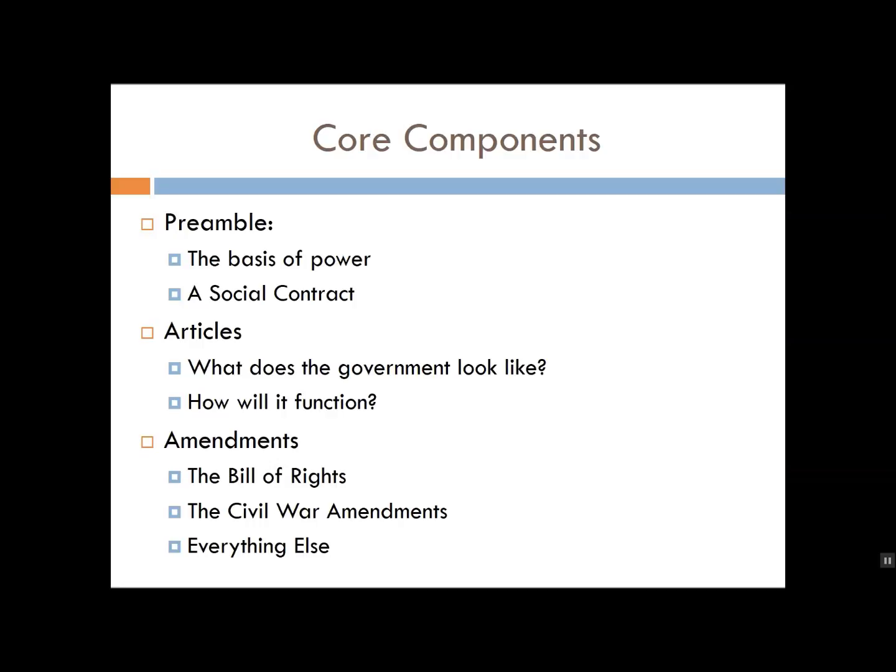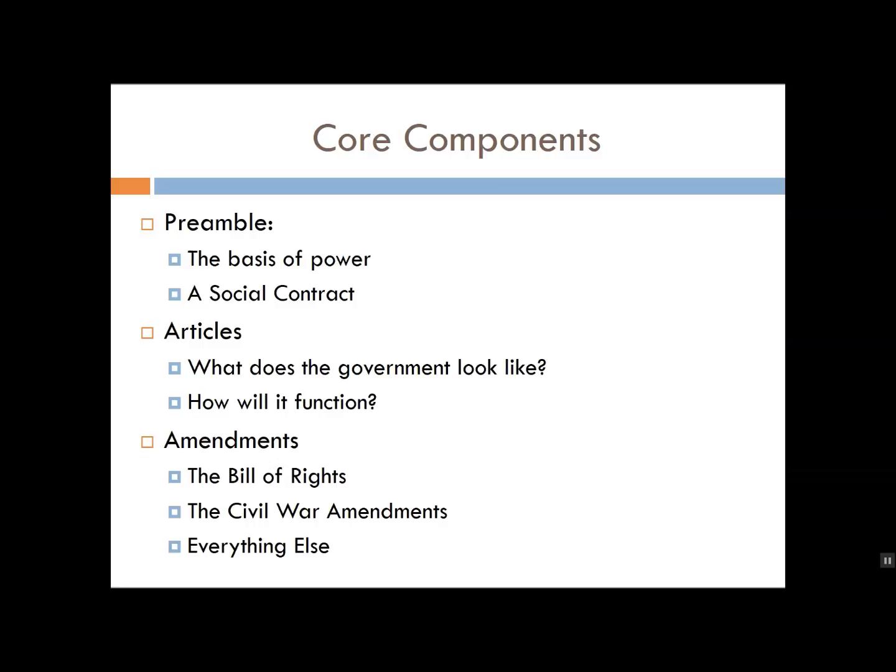Now, it's worth noting that this preamble was something of an afterthought. It was tacked on more or less last minute before sending the document forward for final ratification. But it's still very important, and not just because it sounds cool. It's really important because it is here that we find the concept of a social contract articulated in the Constitution. Read the language of this paragraph carefully. Who, according to the preamble, ordains and establishes the Constitution?